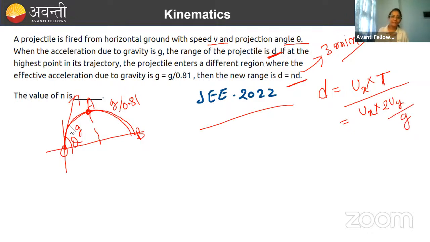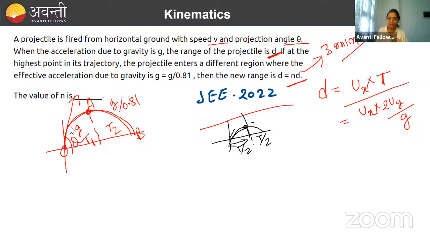Then now in the second case, time of flight is going to change because g has changed. So let's break it into two parts. Suppose from O to A it is taking time t1, and from A to B it is taking time t2. If you properly remember the projectile, then you must have seen that if my projectile is something like this, if time of flight is t, it means in half of the time, t by 2, it is reaching the maximum height, and in another t by 2 time, it is reaching from maximum height to the ground.